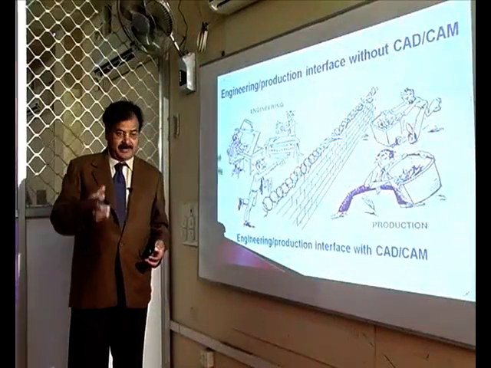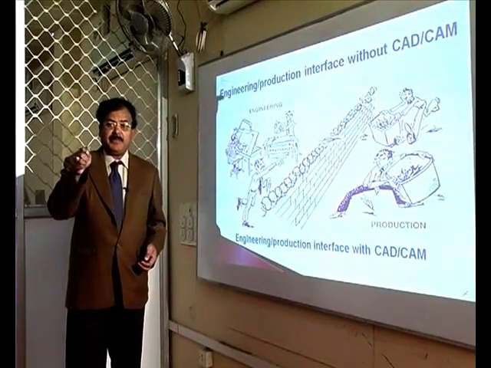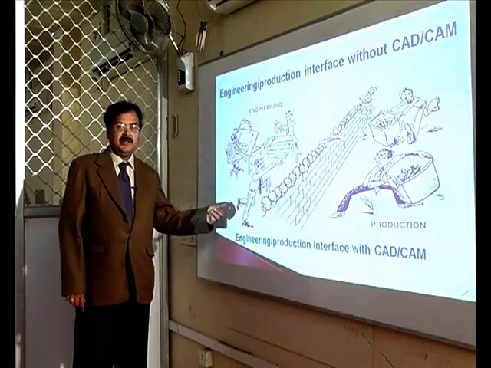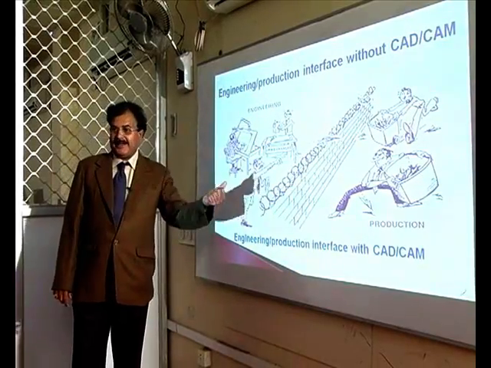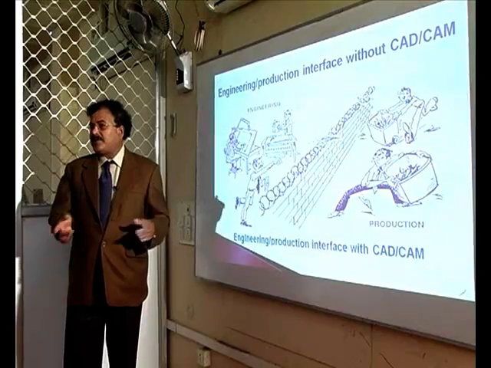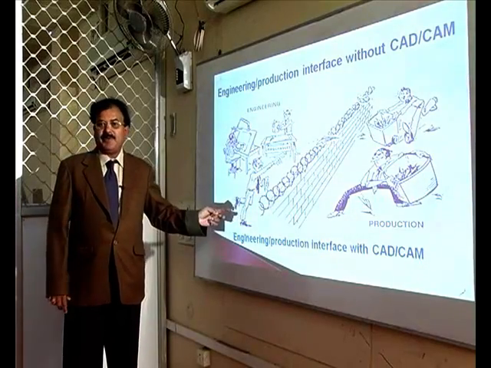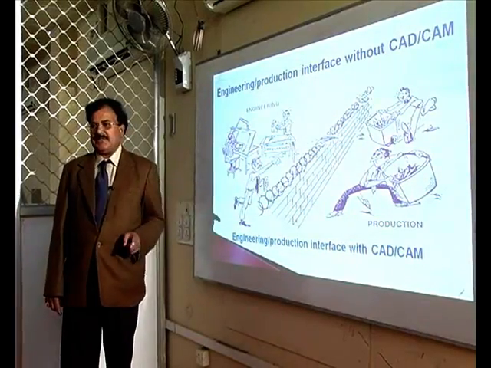So they don't share information. But suppose the design people knew what kind of facilities exist, what kind of close tolerances are achieved; keeping all of them in mind, if they design, there will not be any throwing back like this. Whatever the design people do, they accept it immediately.